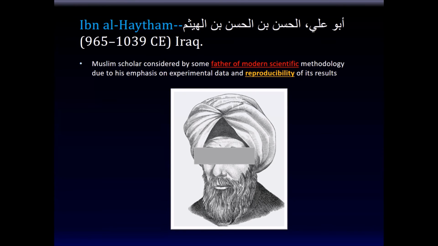You have to get data, but you have to reproduce it. Do the same experiment over and over and over again. So Ibn Haytham is considered to be the father of the scientific method. Should we know about it? You bet we should know. We should know it backwards and forwards. Emphasis on data and reproducibility of results. Okay?